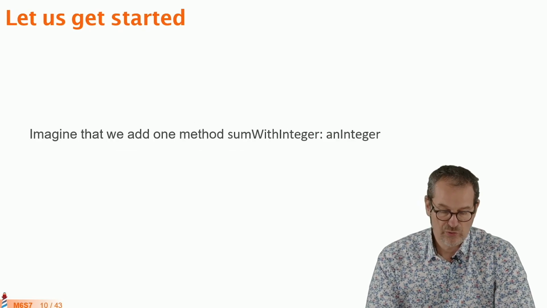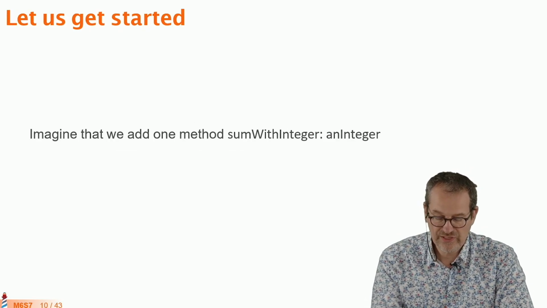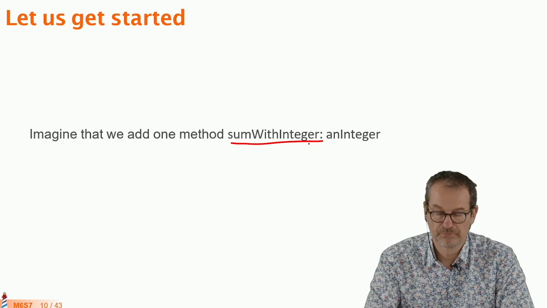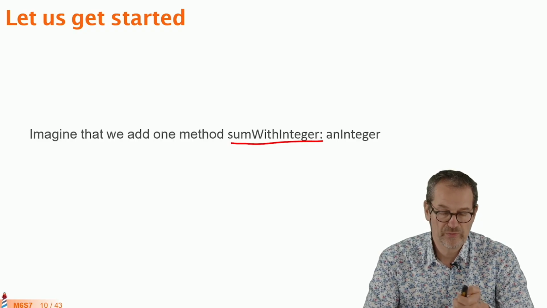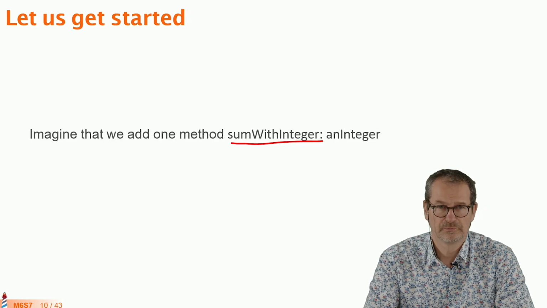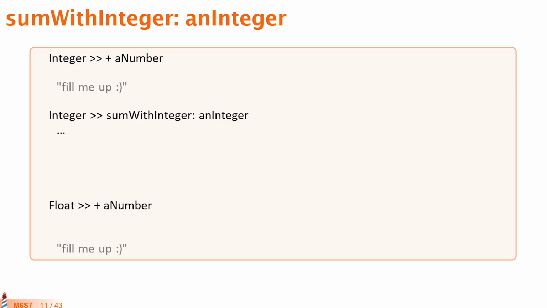Now let's start. Imagine that we add one method called sumWithInteger. With the primitive, we know how to do it because we know how to add two integers together. So in the class Integer, sumWithInteger should be straightforward.